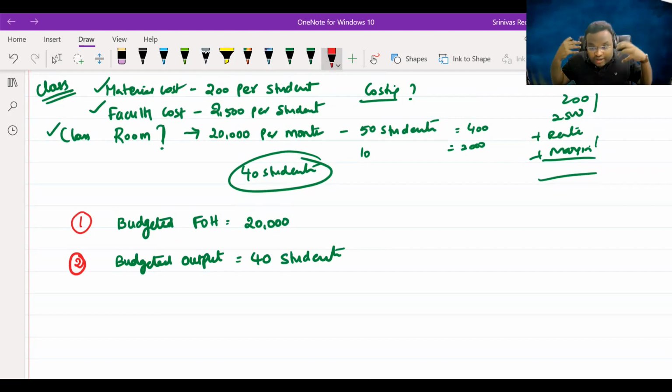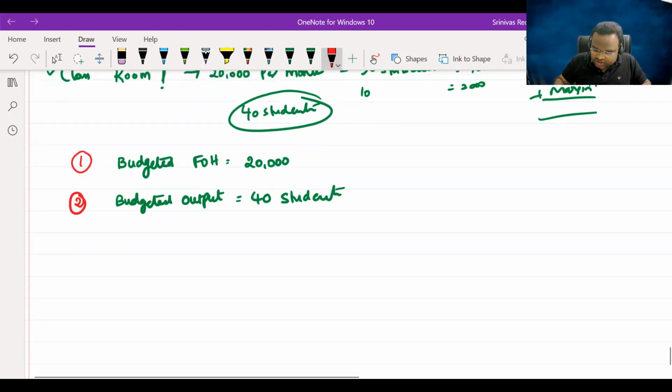Now think from my perspective. I am expecting 20,000 rupees would be my rent. This is all before I take an agreement with my owner. 20,000 rupees would be my fixed overhead, and I am expecting 40 students to come. So from each student, how much should I recover?